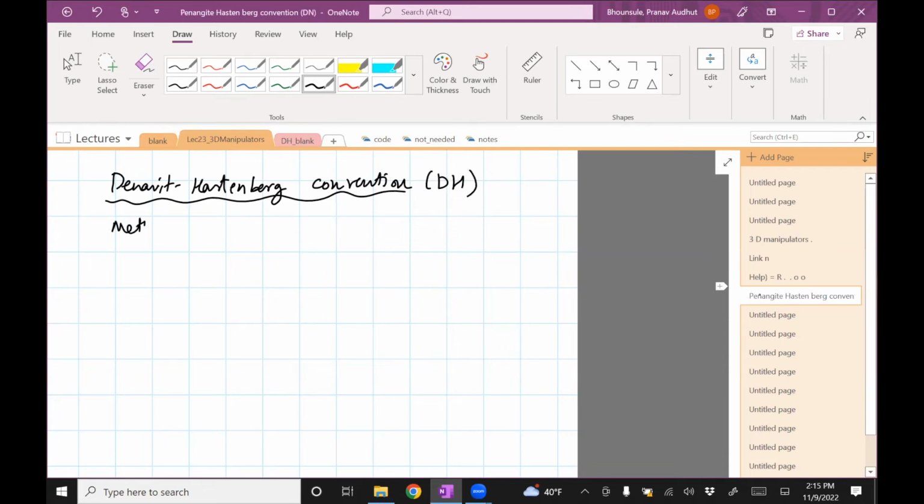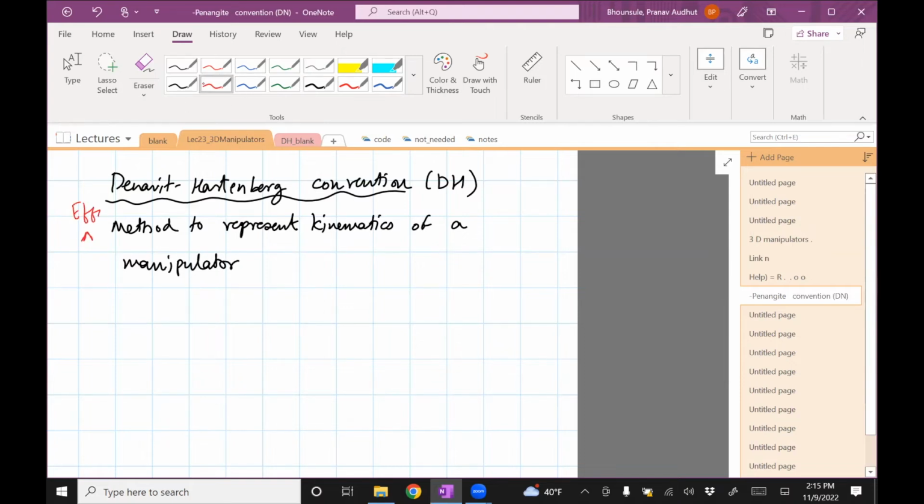It's a method to represent kinematics of a manipulator. So what's so special about it is that it's an efficient method to represent kinematics of a manipulator. Why it's efficient? We'll come to that in just a bit.